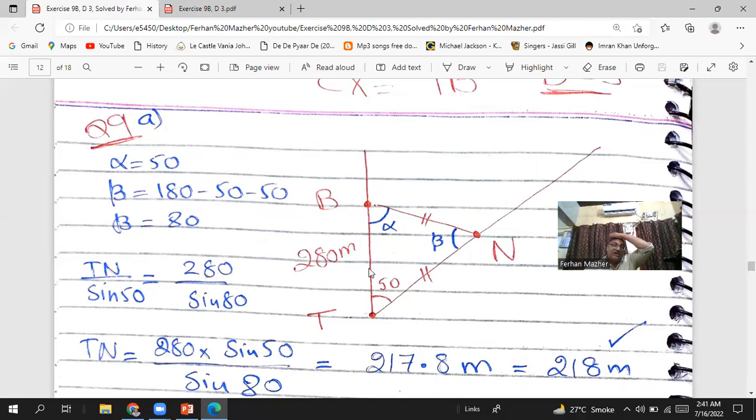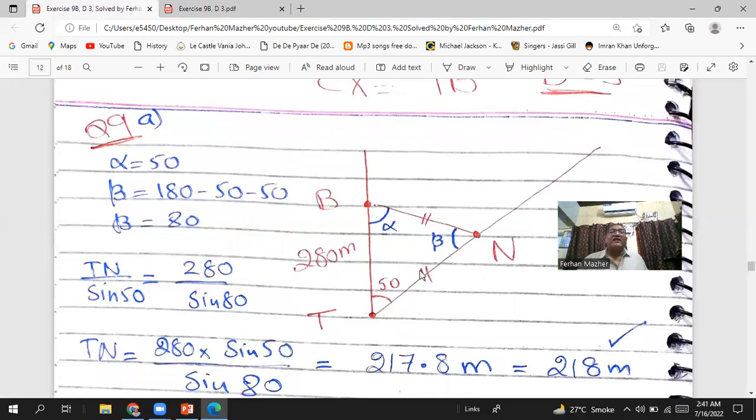So this line is north, and she walks on a bearing of 50, and she is going on this path. And in the first question, he says, she is equidistant from the bus stop and the taxi stand. So this is 280 meters. So Nora is here somewhere, and her distance from the B and her distance from the T is equal.